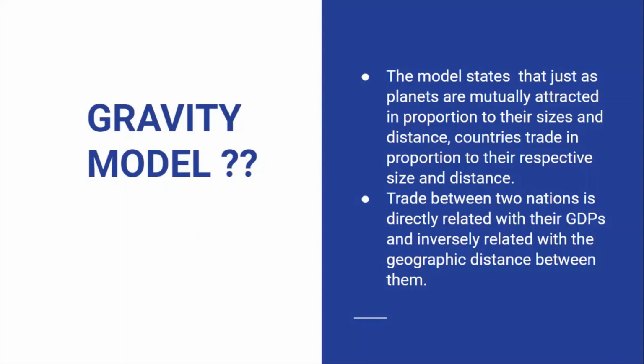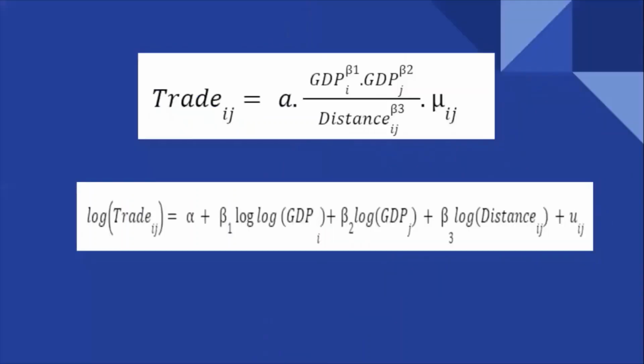Okay, so trade between two nations is directly related with their GDPs and it is inversely related with the geographic distance between them. The basic gravity equation can be explained like given in the equation above, wherein trade is a function of GDP of two countries and the distance between them.